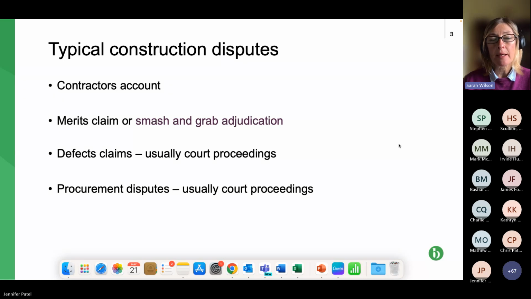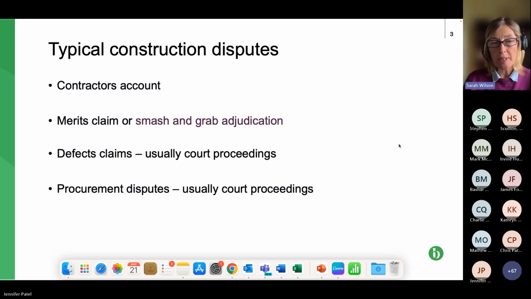A defects claim, typically that would be after the defects period has expired, and usually a dispute regarding defects would be dealt with in court or in arbitration, not adjudication. Let's not get our A's muddled. And then finally, procurement disputes.